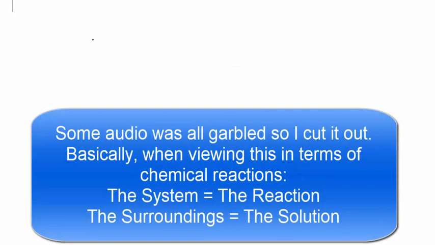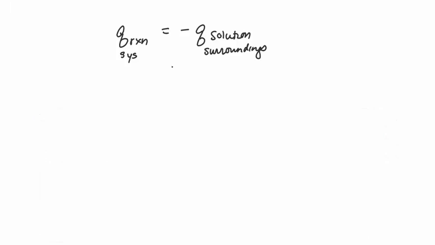Then we need to remember that the Q of the reaction, which is the system, is equal to the negative Q of the solution, which is the surroundings. Some of the labs will have you measuring the heat of a chemical reaction.